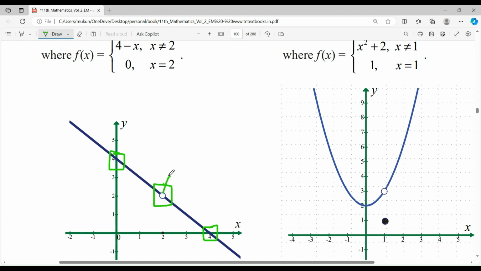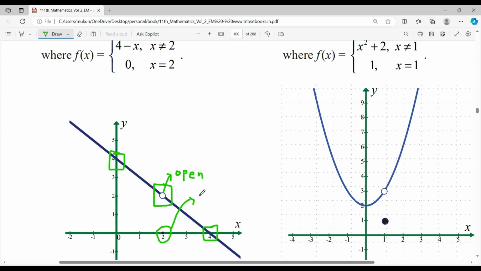And let me write this up. Open. And the corresponding point here is represented as 0, which you will see as a dark closed circle.